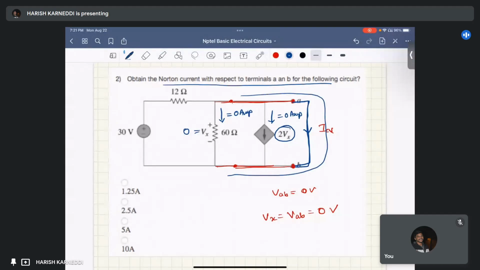So the current chooses the path. The current comes up to this point, and after this, instead of going this side, the current is seeing the low resistance path from this side, so the current will go through like this.